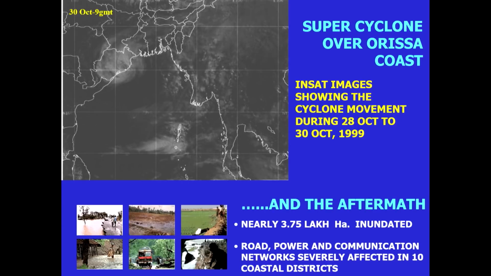This is the image showing how the eye is rotating in the super cyclone on the Odisha coast in the year 1999. Now there is a landfall, it is coming to the coastal area, and we can monitor the movement of the eye very nicely. Nowadays various high end models are available from IMD, and people are tracking the cyclone eye along with the track forecast, the landfall time, and how much water will go inside the land.